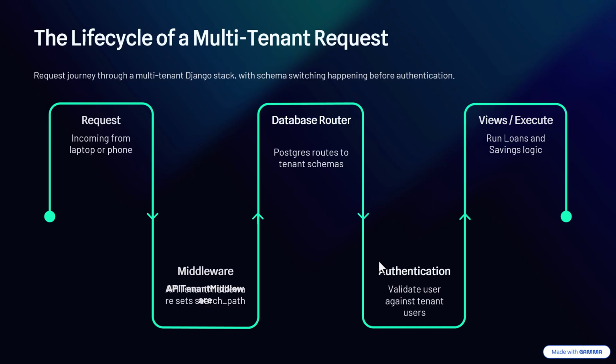Then the first thing is a middleware that sits just before it hits the database. In a typical Django application without multi-tenancy, you're just going to have the request hitting the middleware with the security, the sessions, the messages, then it comes to your view.